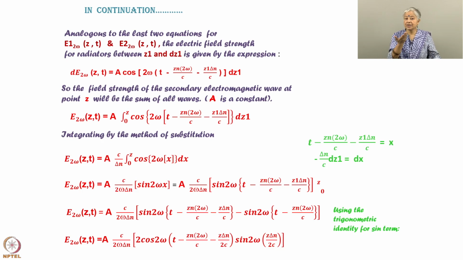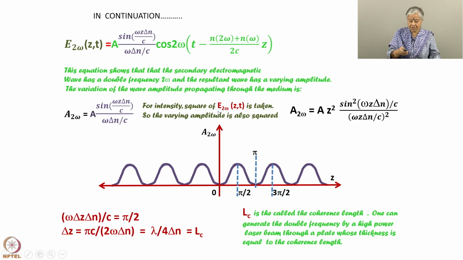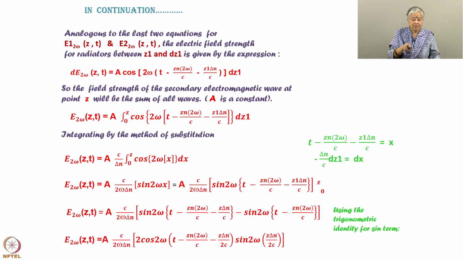It is exactly the same as that; I have just written it this way so that we can take an integral. So, the field strength of the secondary electromagnetic wave at point Z will be the sum of all this, and A is a constant. So, you have to take an integral.